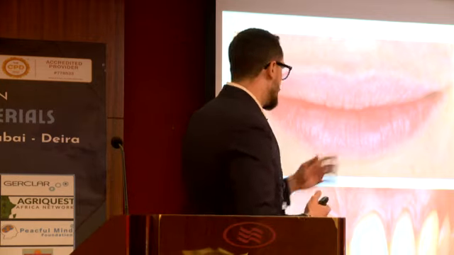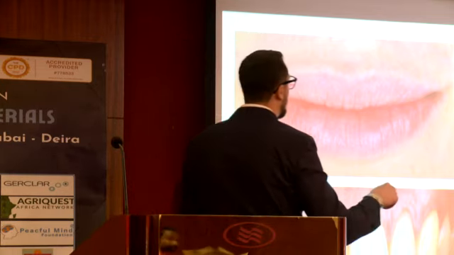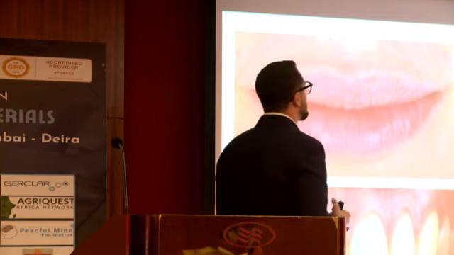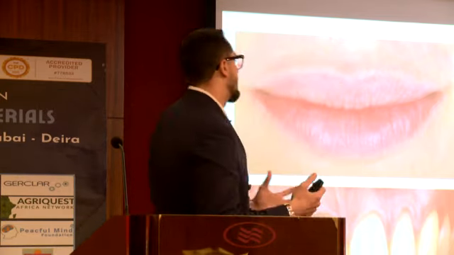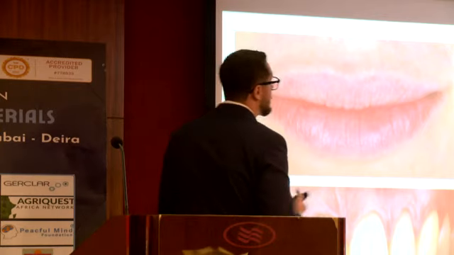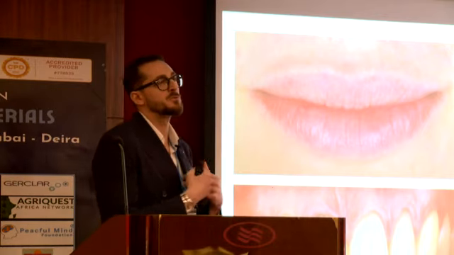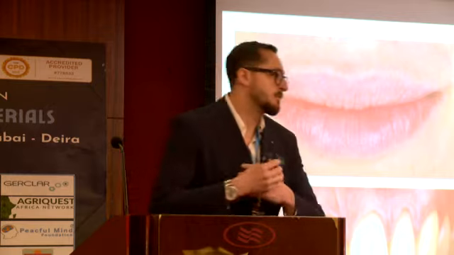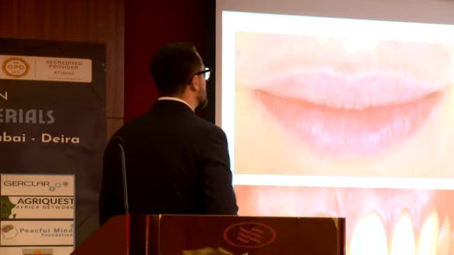So we are going to analyze the smile line of the patient. We can see a slightly gummy smile. Well, it's not the perfect ideal case, and also because she's very young, I have to pay extreme attention to treating the soft tissues.